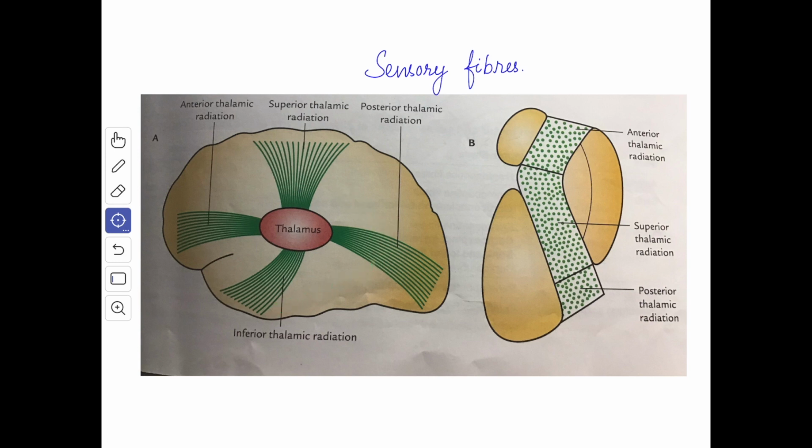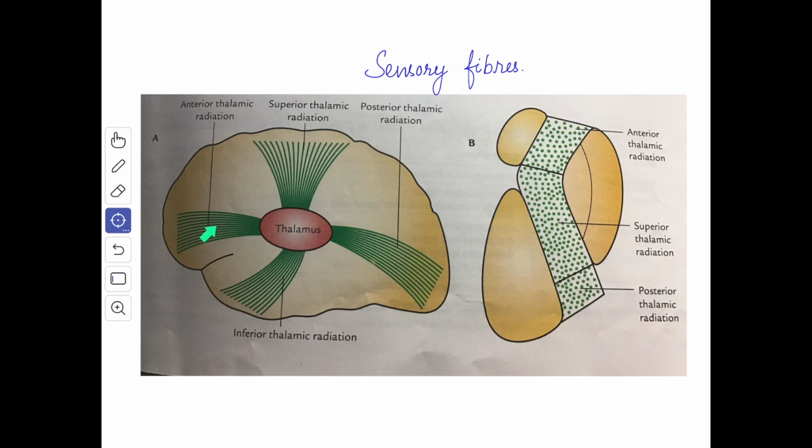Most of the thalamocortical fibers are tertiary sensory neurons of various sensory pathways which convey the somesthetic sensation to the cerebral cortex. The other fibers that constitute the thalamic radiations are the corticothalamic fibers from the cortex to the thalamus. According to the direction of these fibers, the thalamic radiation is divided into subgroups.